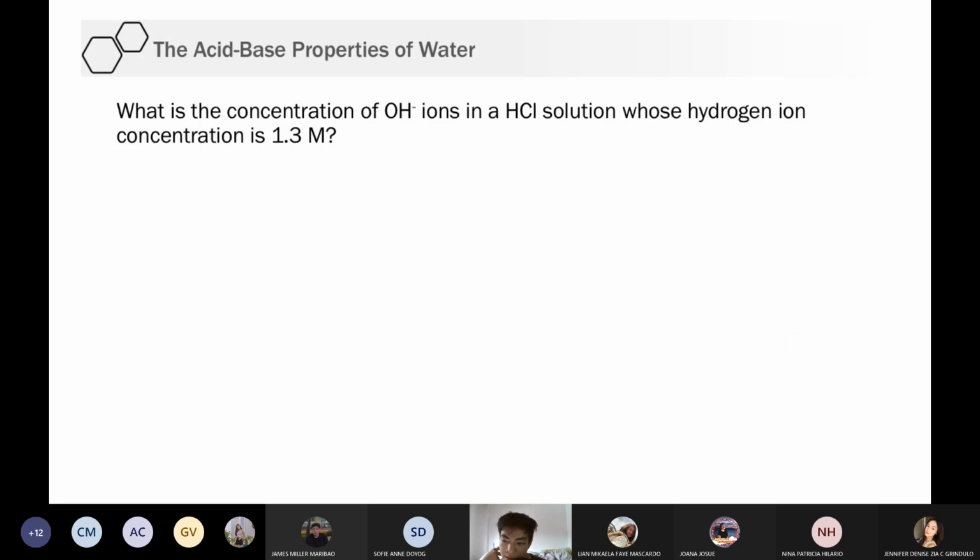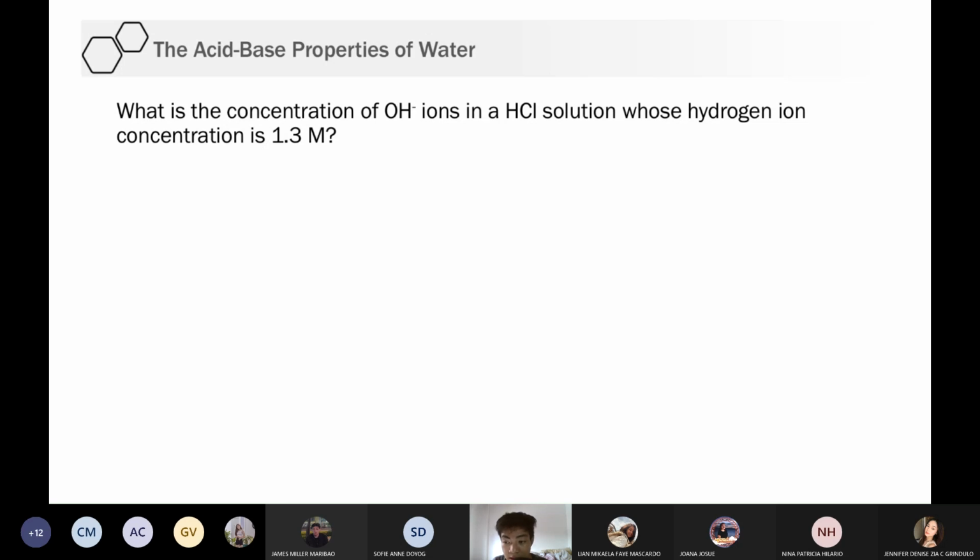Let's try to answer some calculation problems. Basic lang muna tayo. What is the concentration of OH minus ions in a HCl solution whose hydrogen ion concentration is 1.3 molar? Okay? Again, ano daw kaya yung concentration ng OH kapag ang H concentration mo ay 1.3 molar?